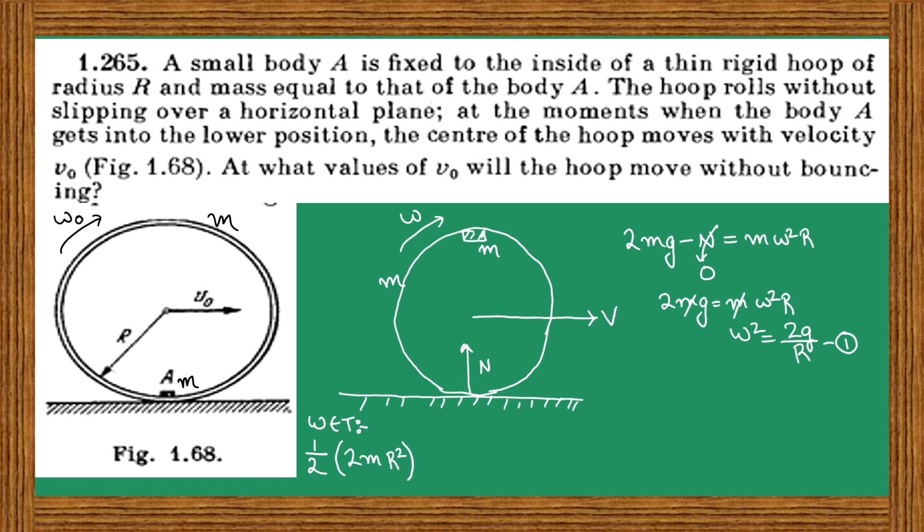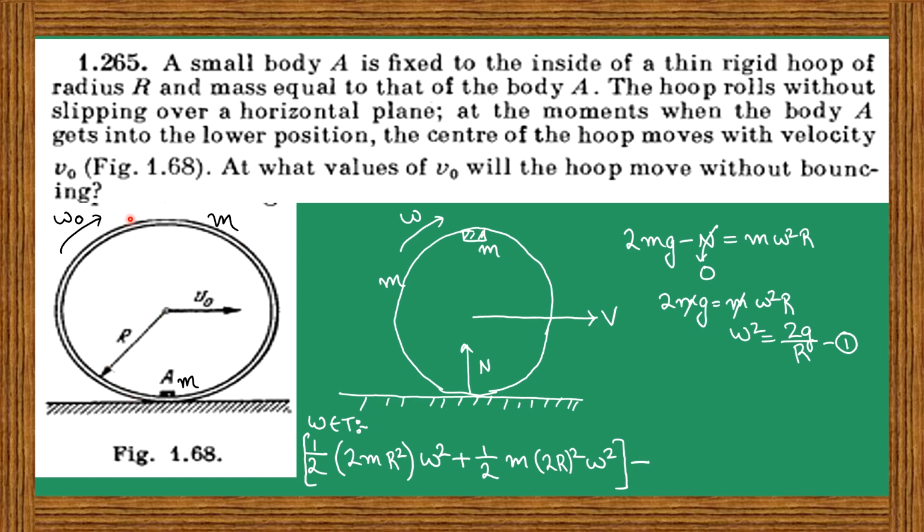Half I omega square plus half, what is the moment of inertia of this mass about this axis of rotation? It is nothing but m into 2r square, and even this is rotating with angular velocity omega, no? So omega square. This is the final kinetic energy minus initial kinetic energy. What is the initial kinetic energy?